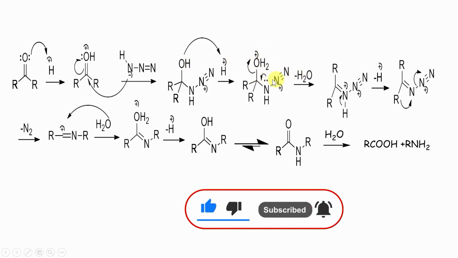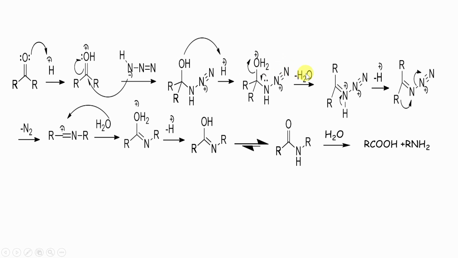A water molecule is eliminated from this protonated alcohol, forming this cation. Then deprotonation of this cation forming this cation, from which a nitrogen molecule is eliminated with the migration of the alkyl group.